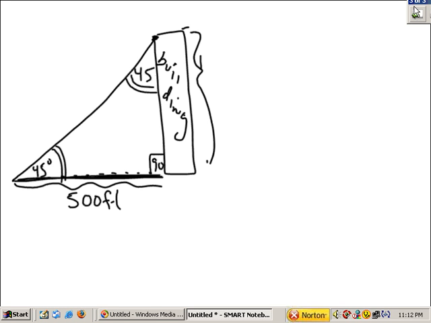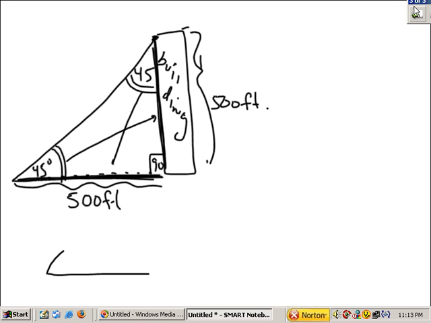And you should know that if two angles of a triangle are equal, whether it's a right triangle or not, then the opposite sides are equal. That is, this length is equal to this length. The problem is done. It's 500 feet. So measuring 45 degrees is real nice.